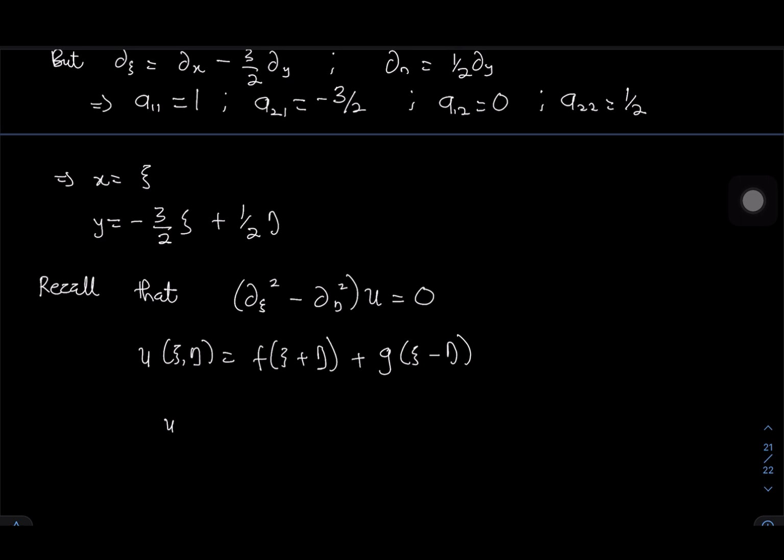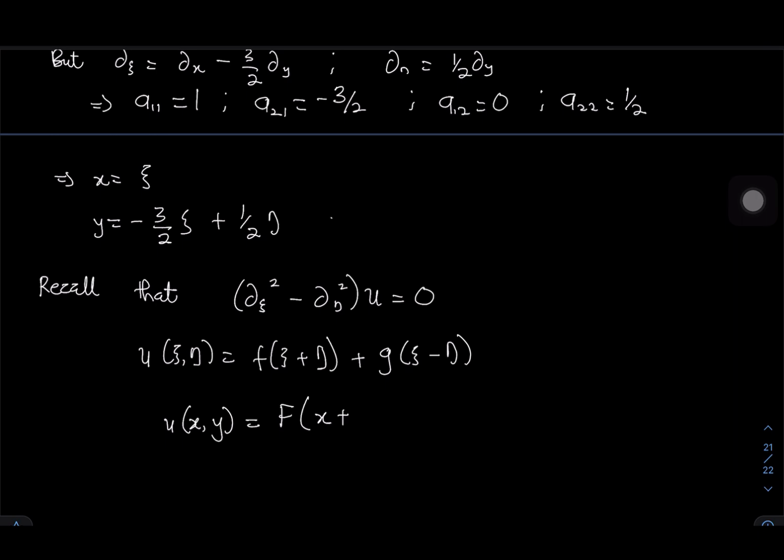But we are not interested in having solutions in the new coordinate system. We want our solution in the original coordinate system. So it means that we are going to need u of x, y, and that's going to be a function of, we know xi to be x, so we're going to have x plus eta.